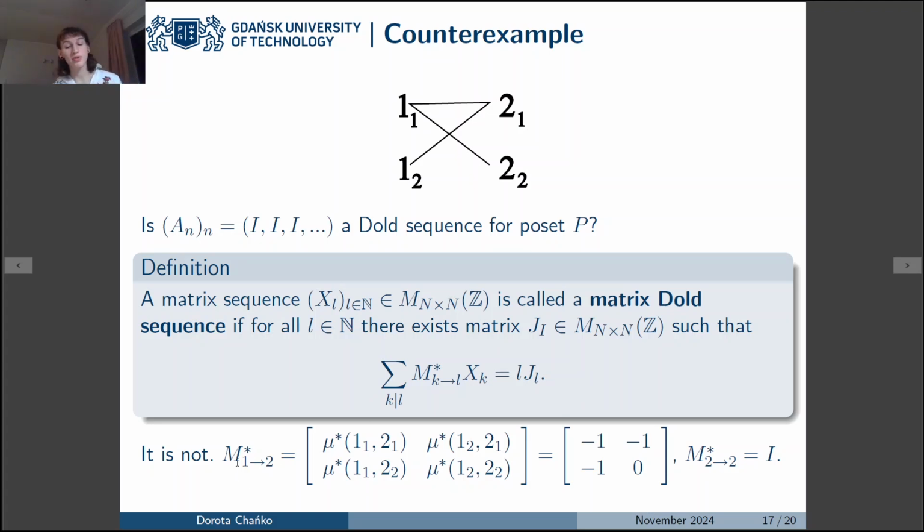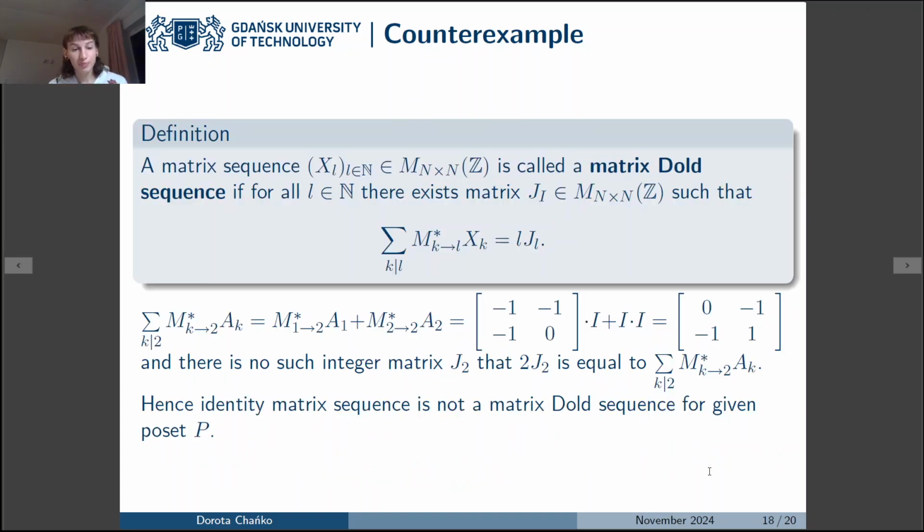But it's not, because let's take a look at the Mobius matrix function 1 arrow 2. It looks like this. In the first row we have mu star of (1,1),(2,1) and mu star of (1,2),(2,1). In the second row, mu star of (1,1),(2,2) and mu star of (1,2),(2,2), which is, after the calculations, -1, -1, -1, 0. And m star of n arrow n is always identity.